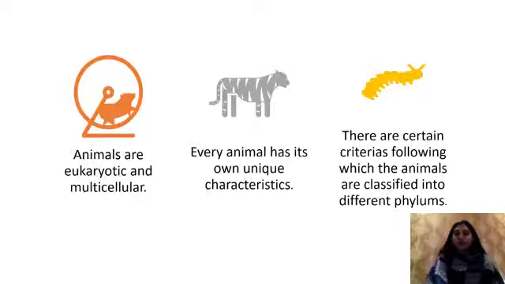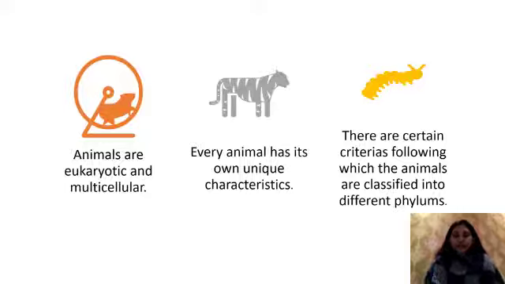We also know that every animal has its own unique characteristics. So one animal is different from the other. Why? Because there are some characteristics which are specialized, or found only in each organism, right? And there are certain criteria following which the animals are classified into different phyla.